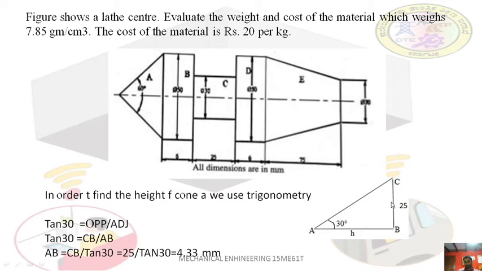Opposite of this angle is CB and the adjacent is AB. We know tan 30 and the opposite, two knowns and one unknown, so we can easily find the length of AB.